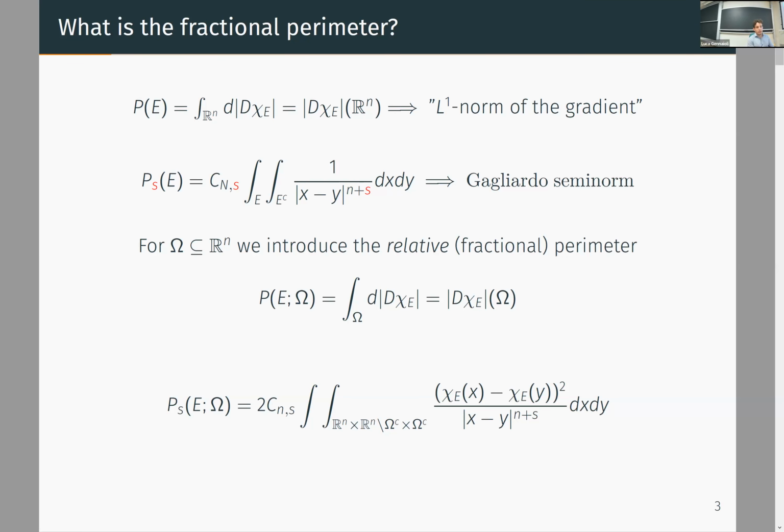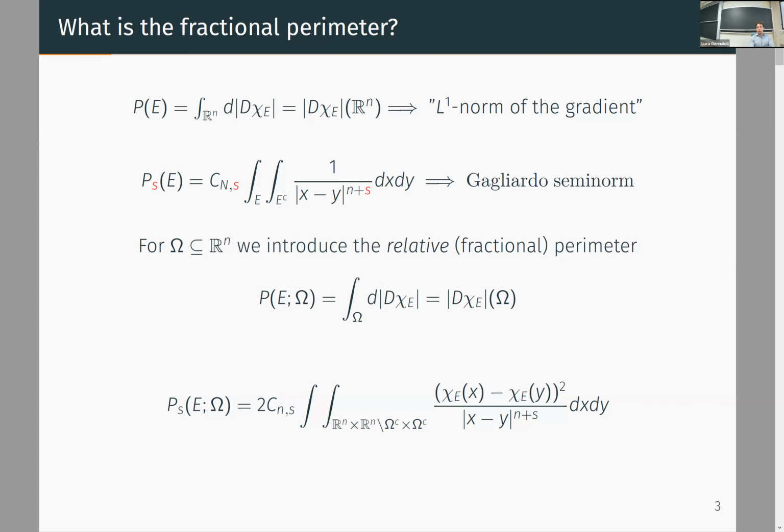Probably you all know what the perimeter is. Perimeter is just a measure of the boundary of a set. Its definition can be introduced via the total variation measure of the characteristic function of the set. You can also define its local counterpart, the relative perimeter, which is basically the perimeter of a set inside another one.